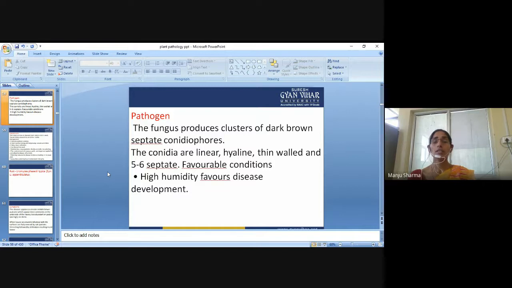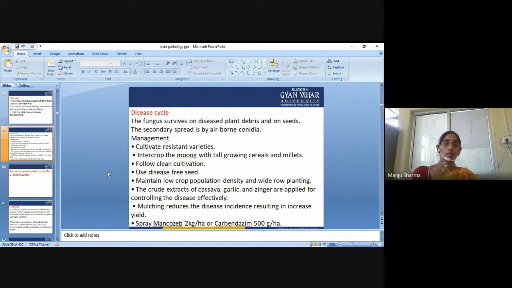Favorable conditions: high humidity favors disease development, because if there is more humidity, the pathogen will spread and survive there for a long time. Disease cycle: the fungus survives on diseased plant debris and on seeds. The secondary spread is by airborne conidia.